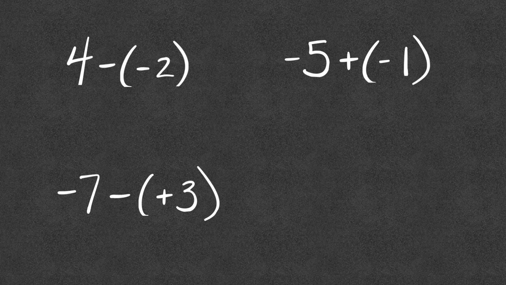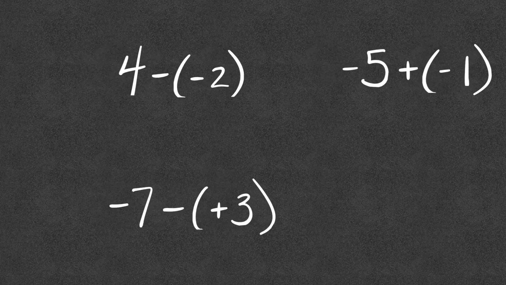Too complicated. Let's take a look in the top left corner again. 4 minus a negative 2. The more we can see that subtraction as what we are doing, and then that negative as the sign we're doing it with, then I think we can think about this stuff logically.